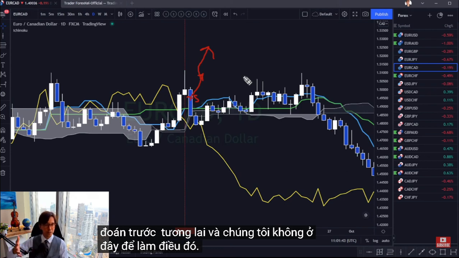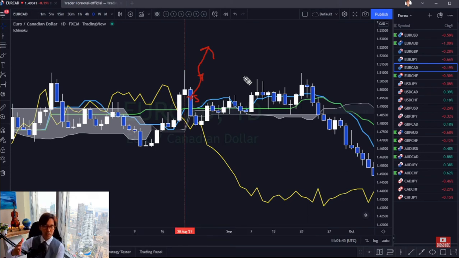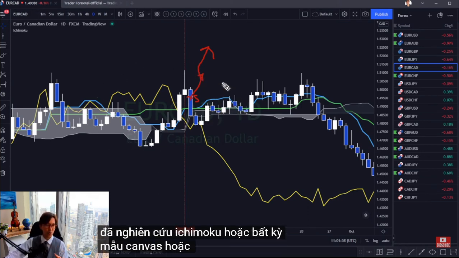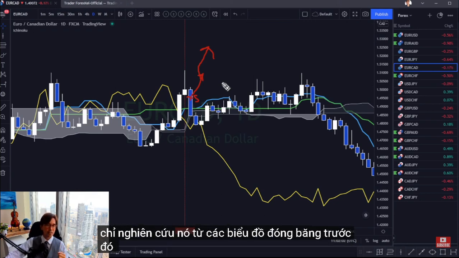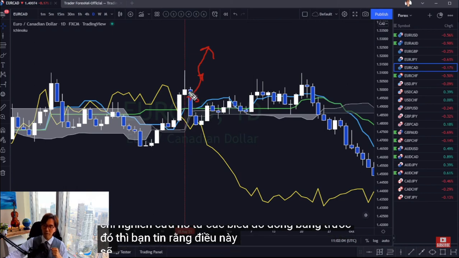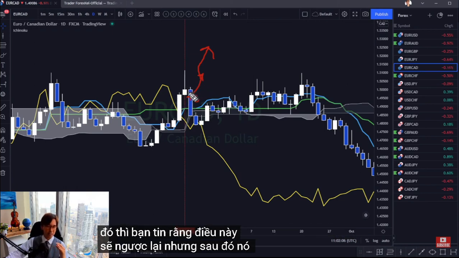We can only create scenarios in the future, and that's the key to resolve this issue. If you have studied the Ichimoku or any candle patterns or wave patterns only from the previous frozen charts, then you believe that this will be a reverse, but afterwards it just goes up.